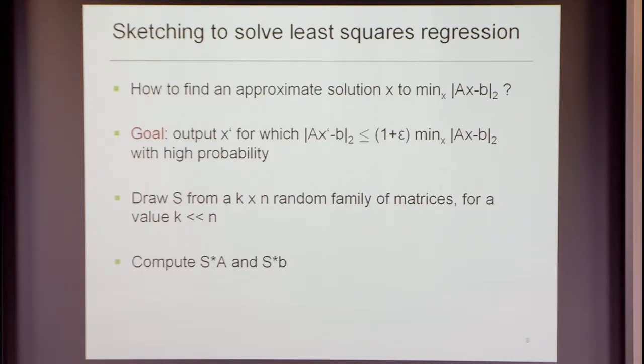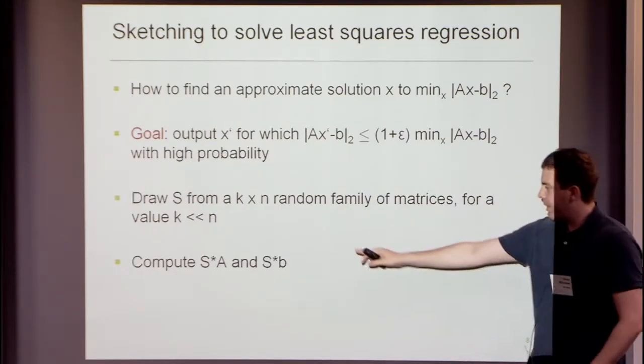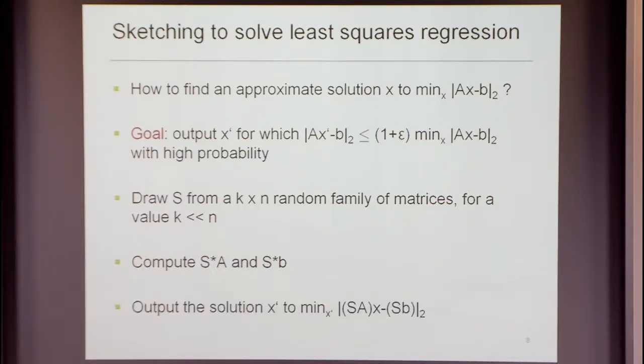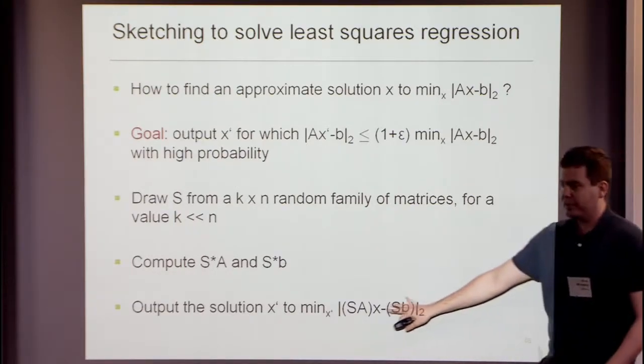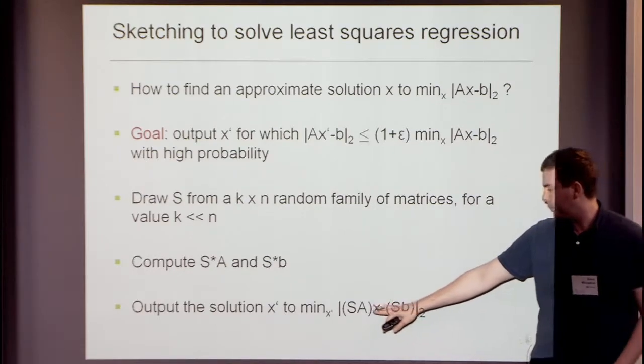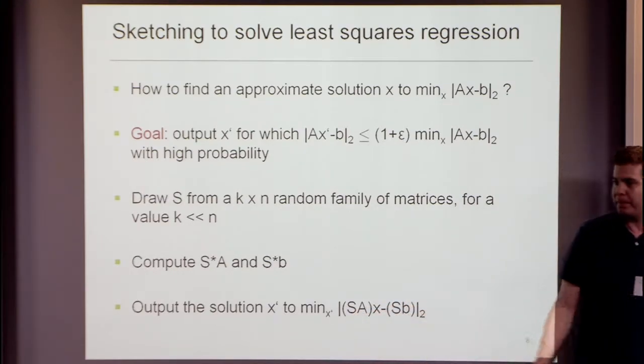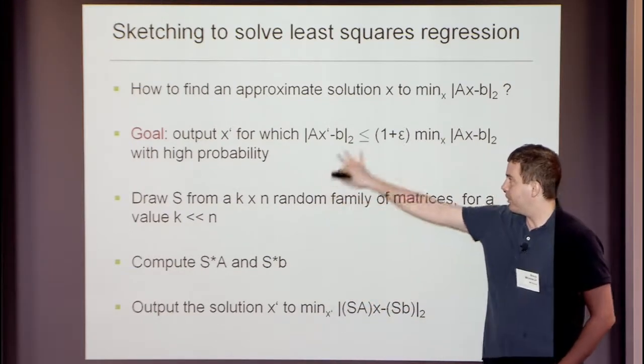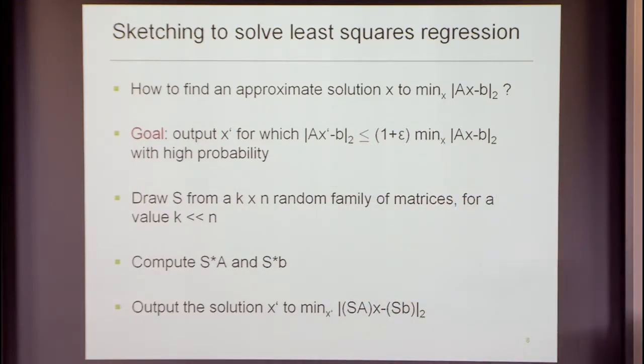And what you do is you compute S times A and S times b. And you just solve the regression problem in this much smaller space, where A has been replaced with S times A and b has been replaced with S times b. And you get some x prime, and the hope is that x prime is a 1 plus epsilon approximation.